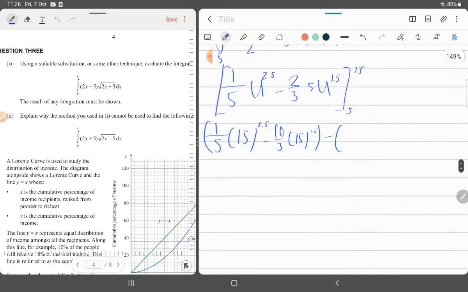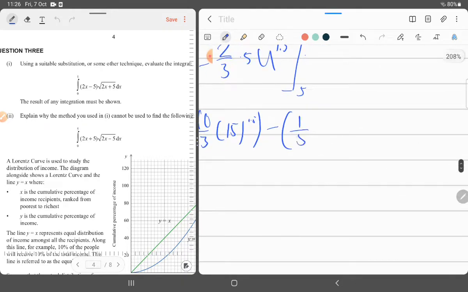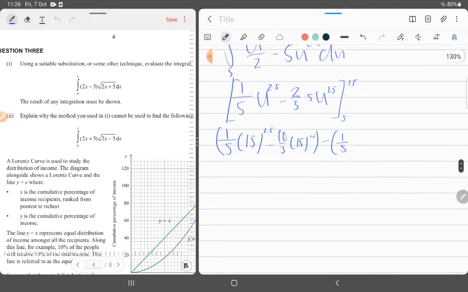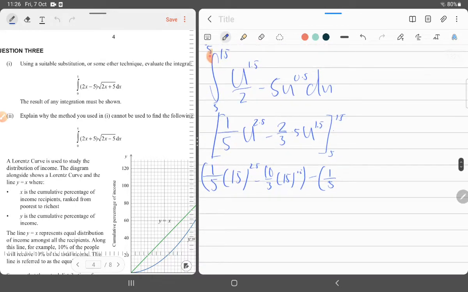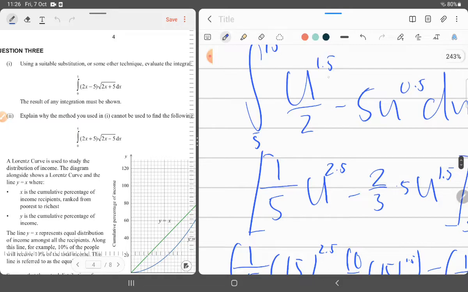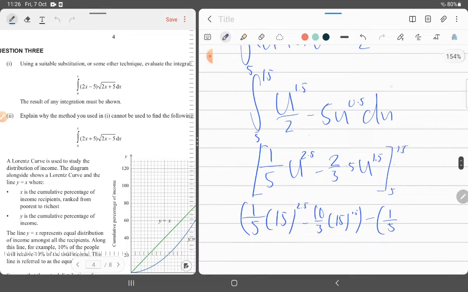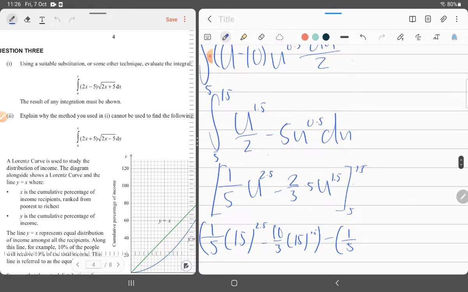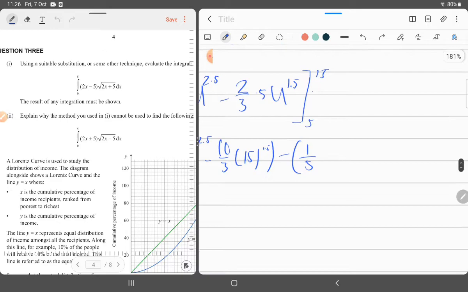Right, that's 1 over 5, then that's 10 over 3. Wait, that's it. Oh no, that is 2 over 5. I was having a moment. Oh no.